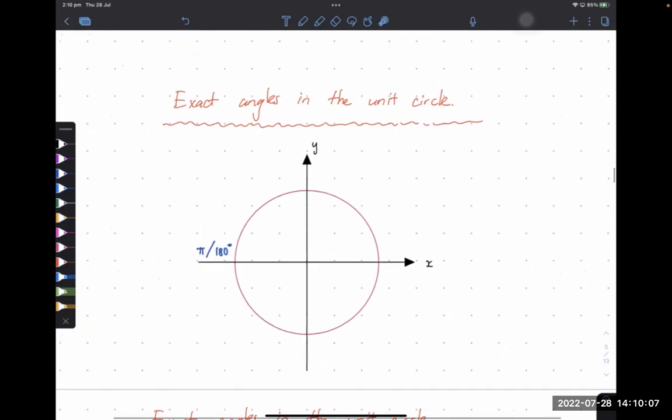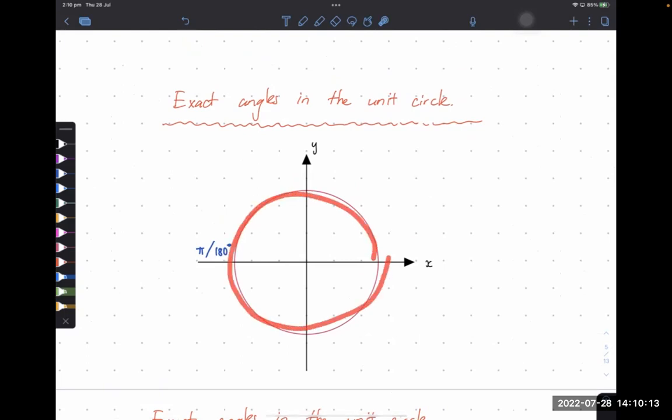So exact angles in the unit circle. We'll start off with something real nice and basic. If we have a look at the entire circle here, the easiest thing to do is split it in half, okay? So here we can see this is pi. We start at 0 here, 0 degrees, or basically 0 radians.